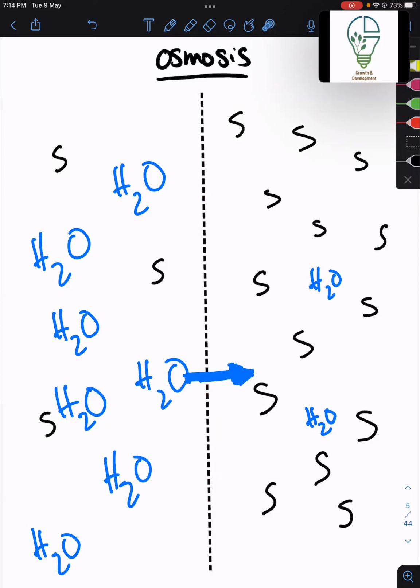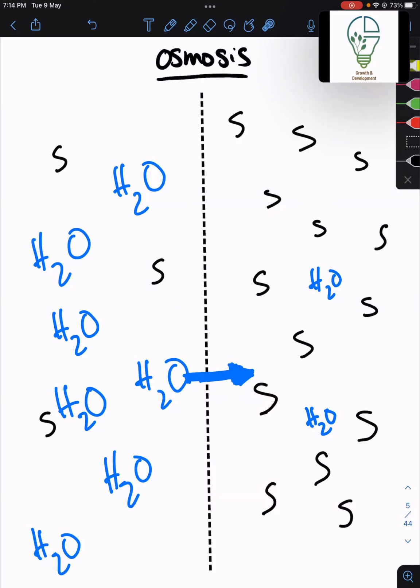What I want you to know about osmosis is that osmosis is the passive movement of water across a semi-permeable membrane from a low solute concentration to a high solute concentration. That is so important. That definition you should know by heart.